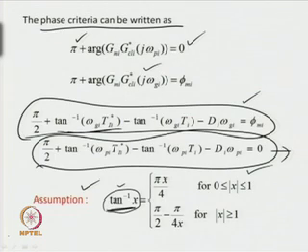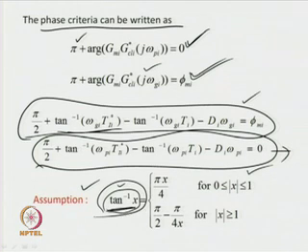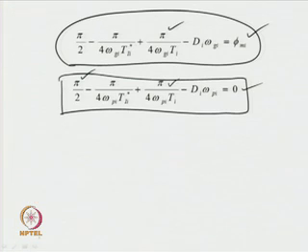So, the two equations we get from the phase criteria with the help of the arctan function give us these two equations.